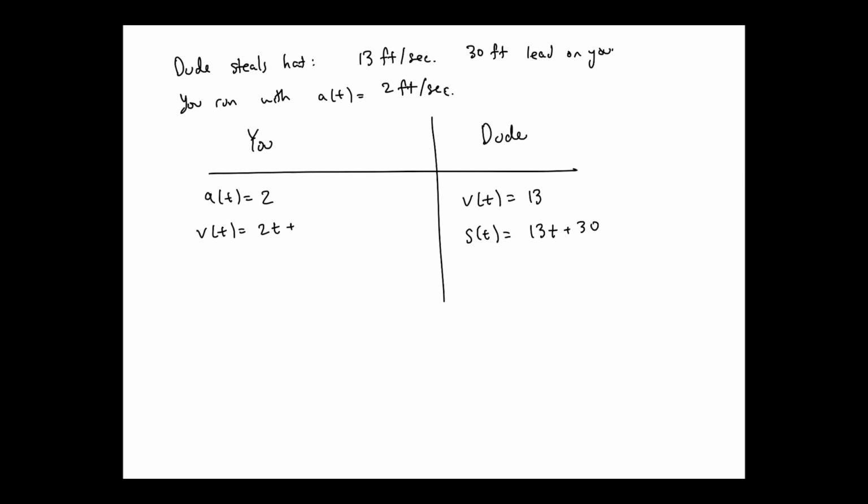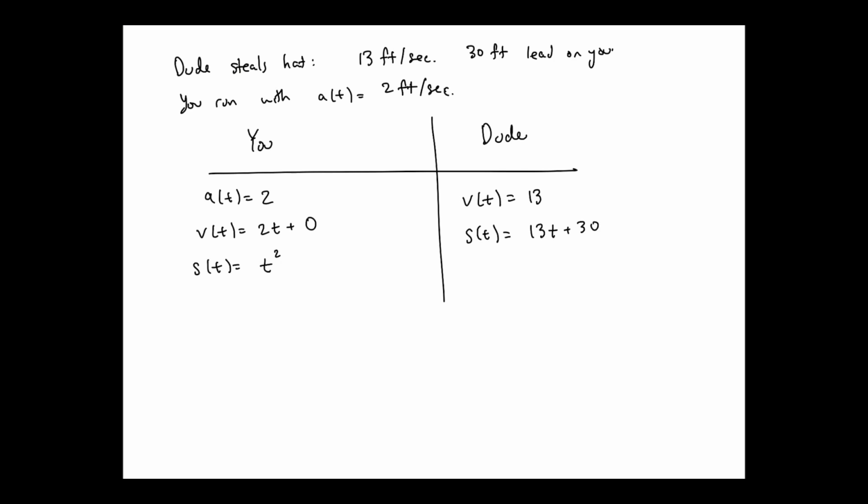What's your initial velocity? You haven't started running yet, okay? So your velocity is just 2t here, okay? And then what is your position? It's just t squared.